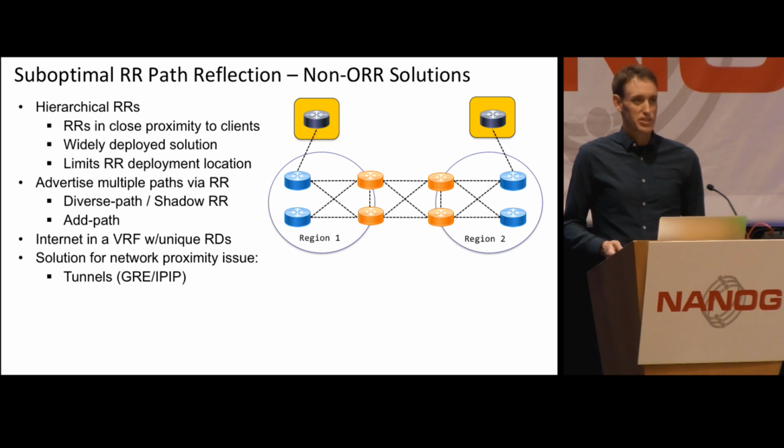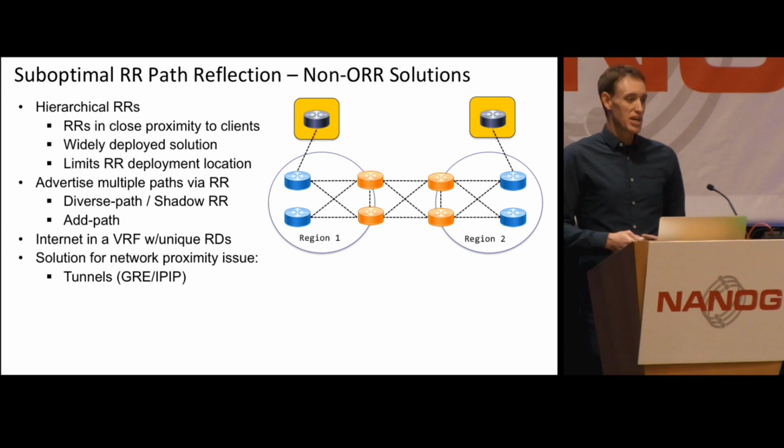I think there was a presentation from Tim Evans yesterday on OpenBMP at Panda, and he showed the amount of churn in the global BGP table today, and it's pretty immense. Even the network that I worked on previous to Cisco, you're talking about potentially tens of thousands of BGP updates every day. Do you really want to be sending that to all of your clients?